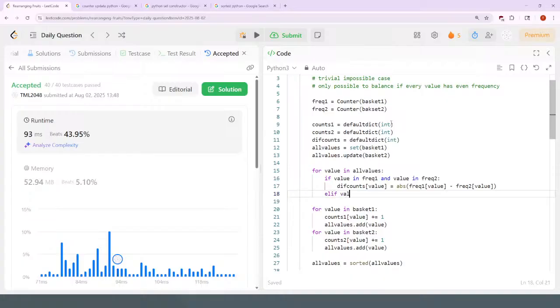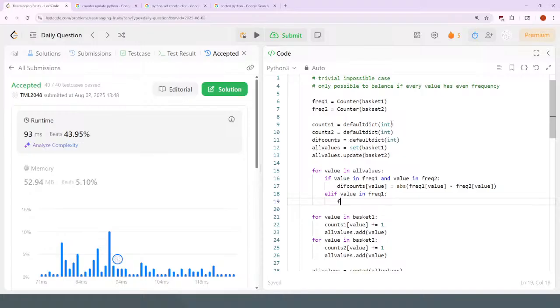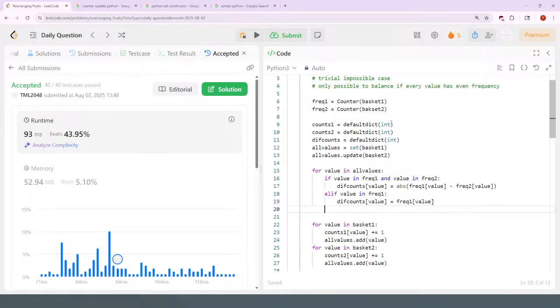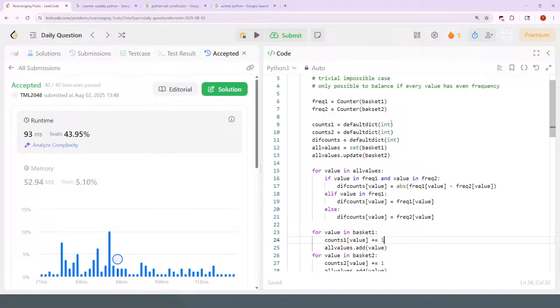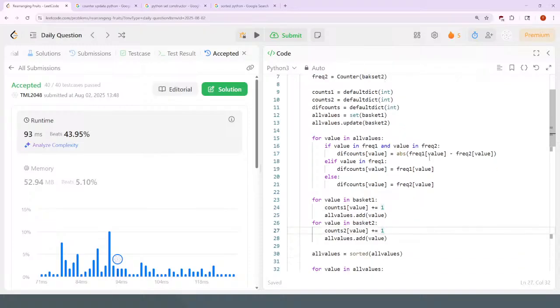Else if the value is in frequency 1, then the diff counts of this value equals frequency 1 of this value, else diff counts of this value equals frequency 2 of the value. Okay.